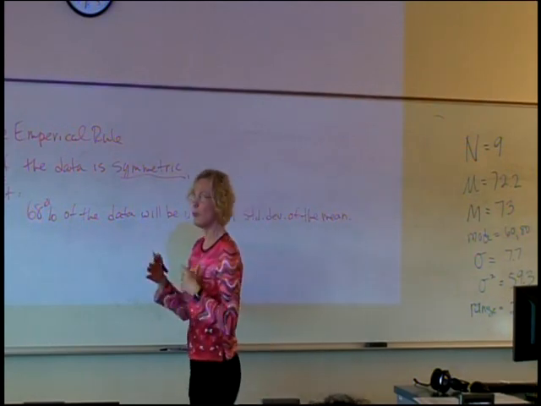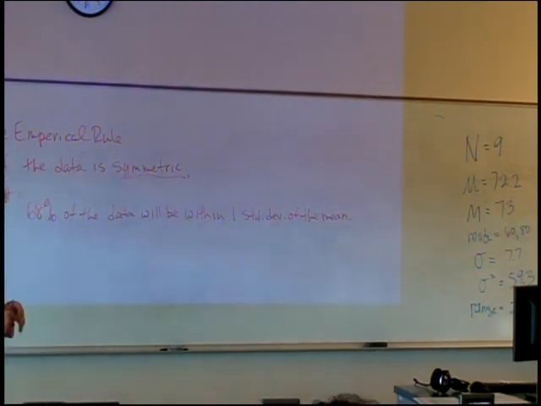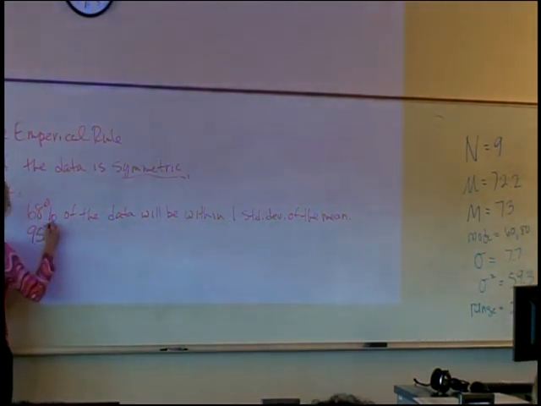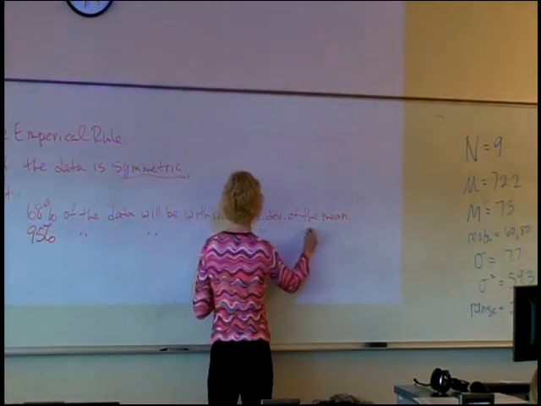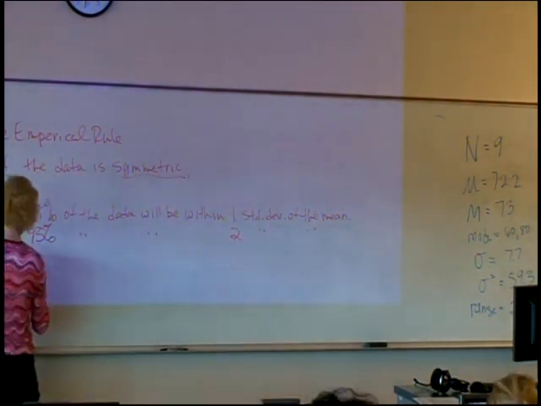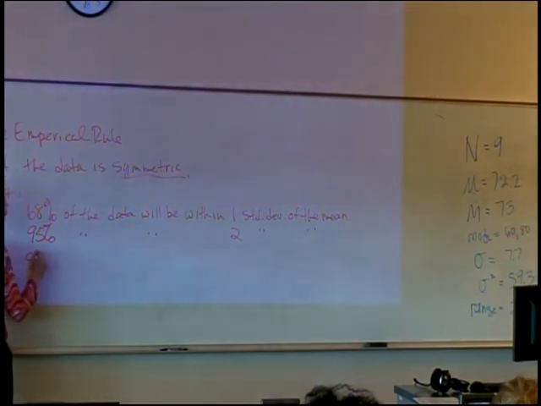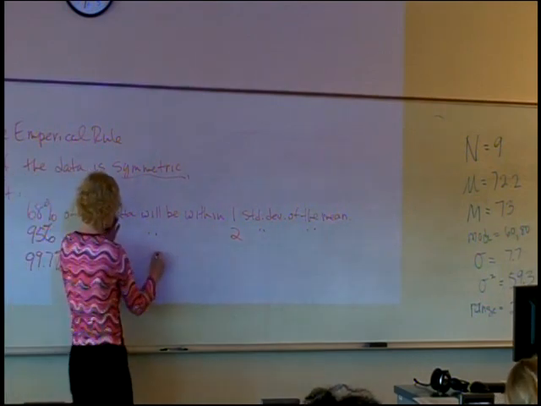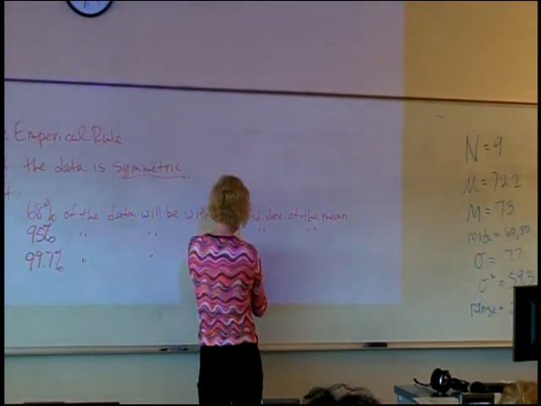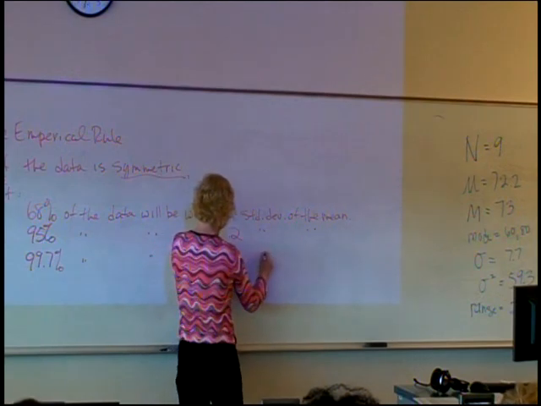Okay. Once we actually use it, it's actually even easier. So we also know that then 95% of the data will be within 2 standard deviations of the mean, and then a whopping 99.7% of the data will be within 3 standard deviations of the mean.